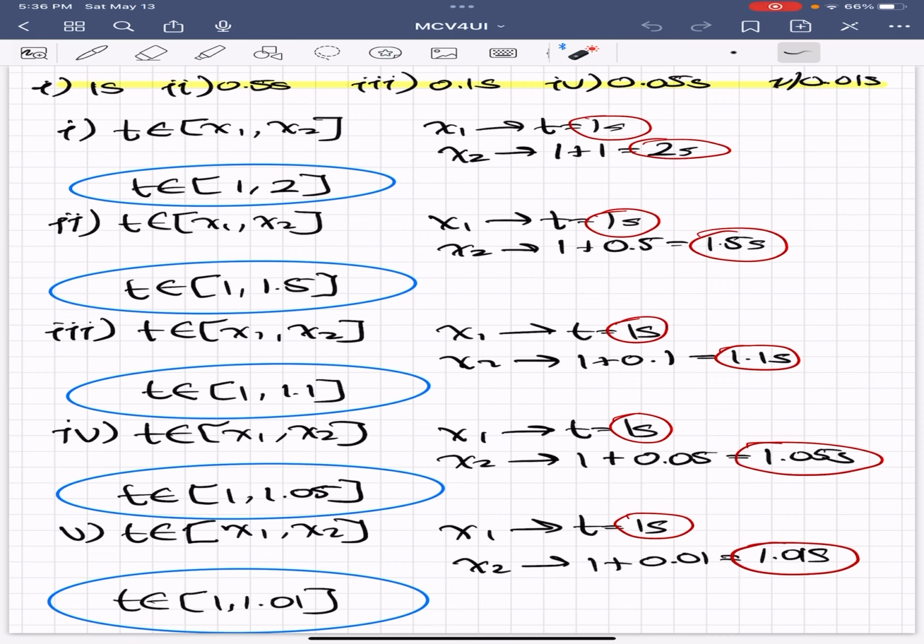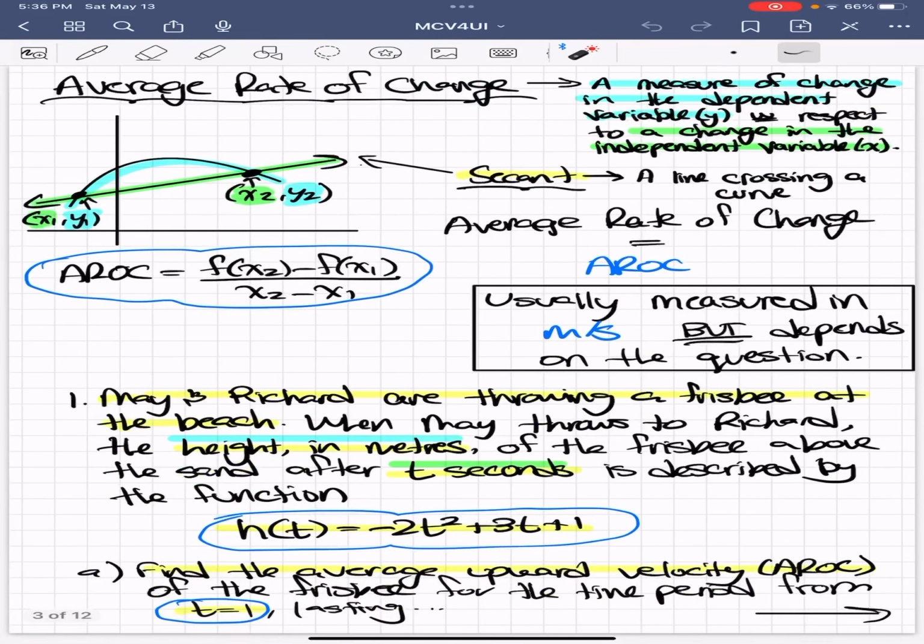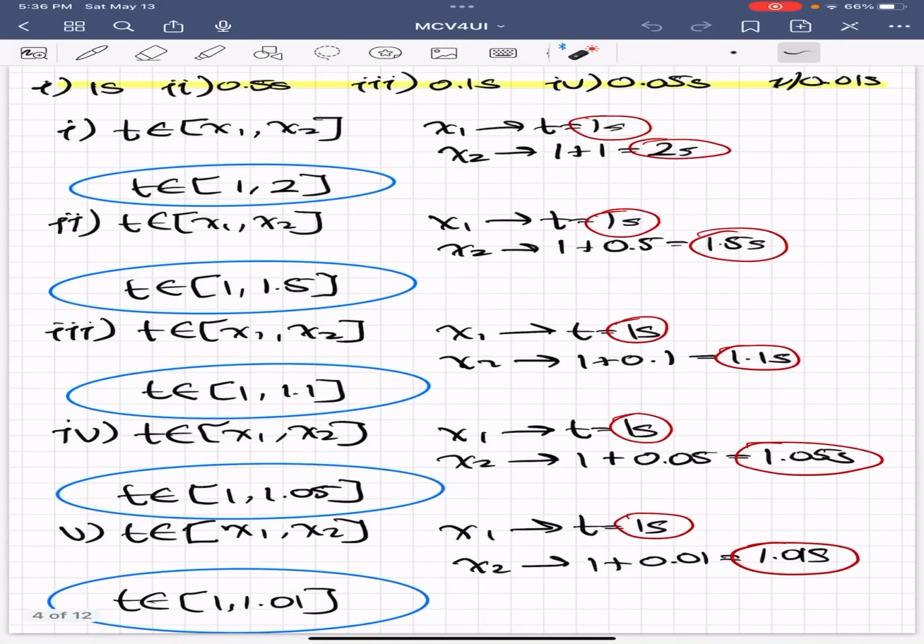So you see here I've calculated the t element of x1 and x2. t originally was 1, so x1 would be 1, and then I add each of these lasting times.